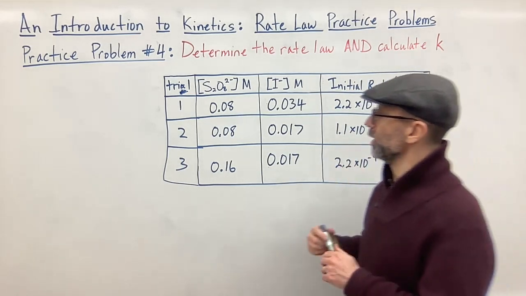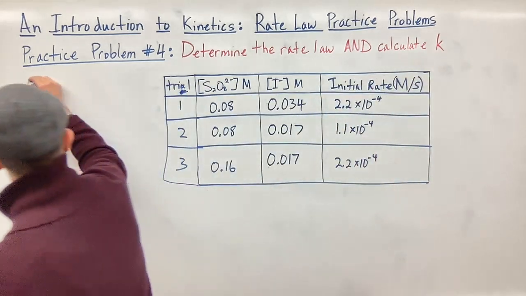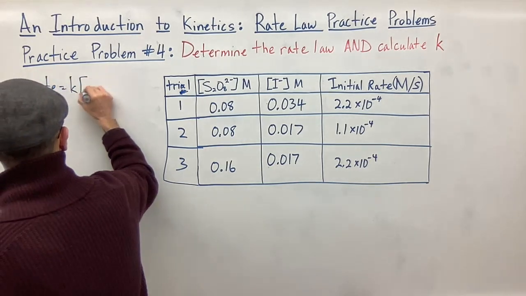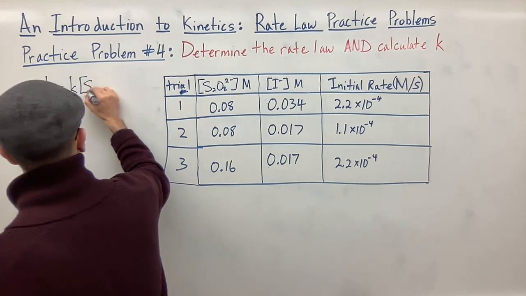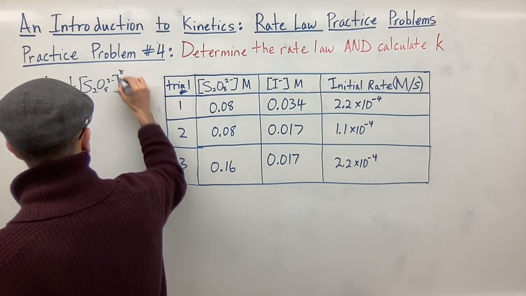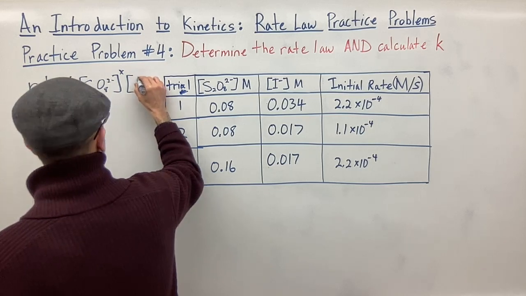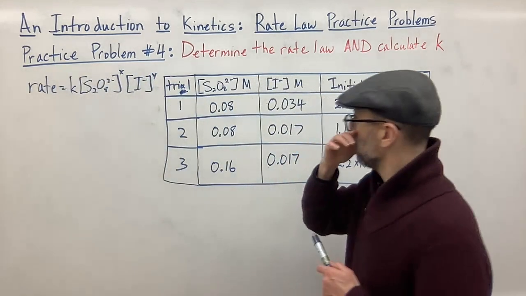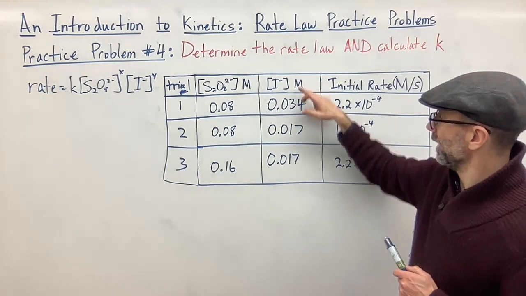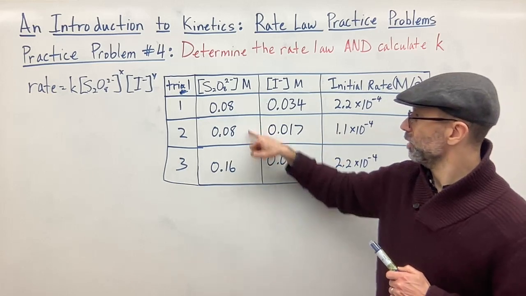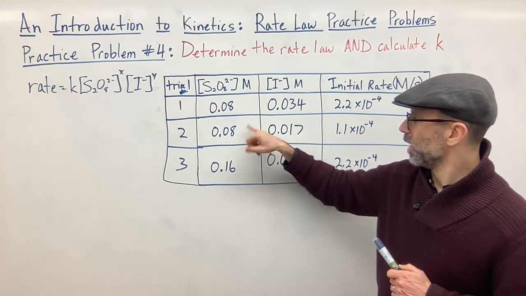So let's do our rate law. We have rate is equal to K times the concentration of S2O8 2 minus, to the X, times I minus to the Y. So let's hold I constant. So these two are constant. Let's look at how this changes.